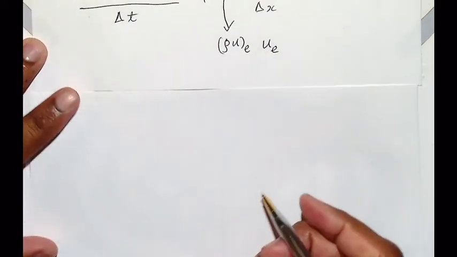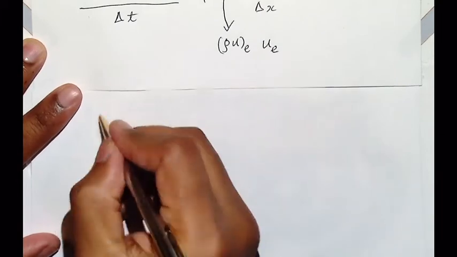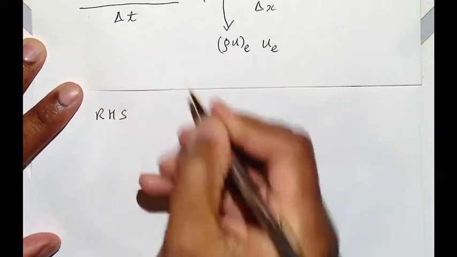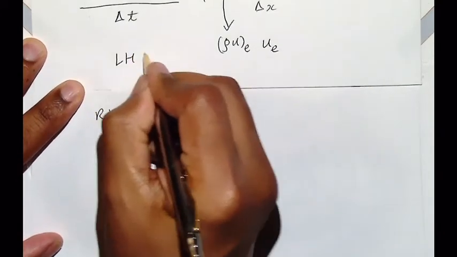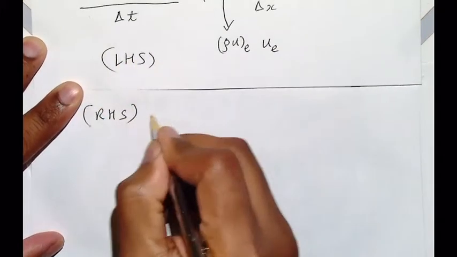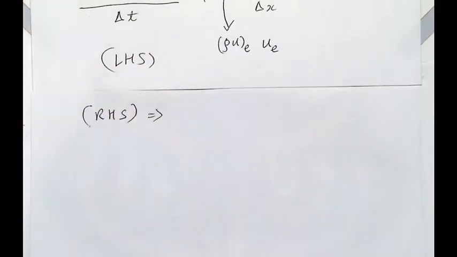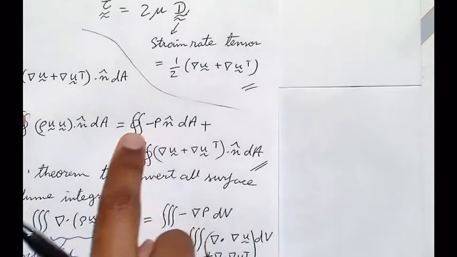Okay, so the right-hand side becomes, this is the shear. Okay, first term on the right-hand side is this. What should we do with this?